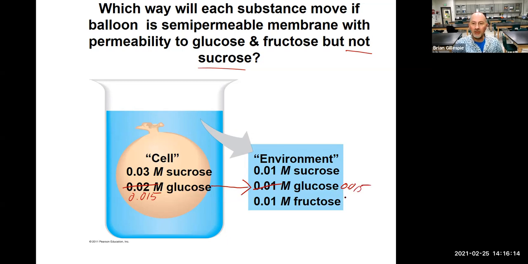So that's our concentration gradient for that. And so once we hit equilibrium, we should have equal amounts of glucose on either side.